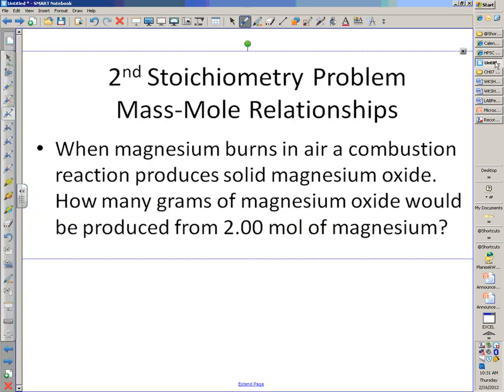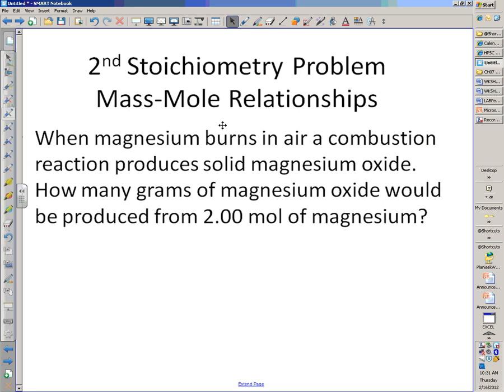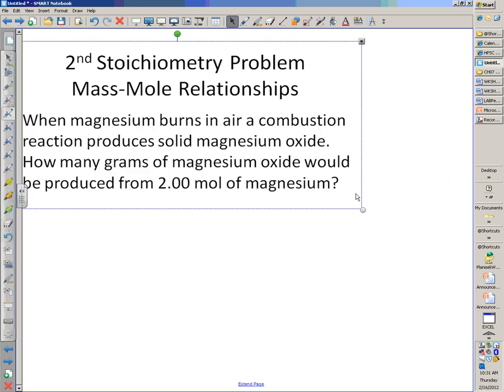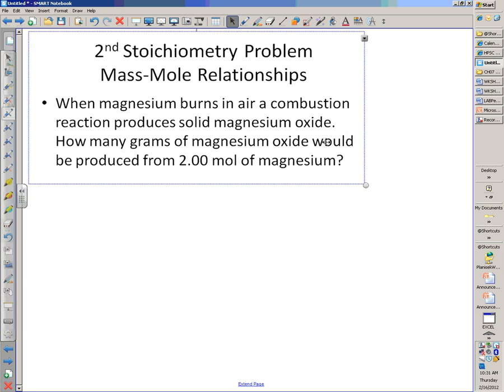Yes, conveniently, this is the same reaction that we did last week in lab and that you did today in lab. It says, second stoichiometry problem, mole relationships. When magnesium burns in air, a combustion reaction produces solid magnesium oxide. How many grams of magnesium oxide will you produce from 2.0 moles of magnesium?